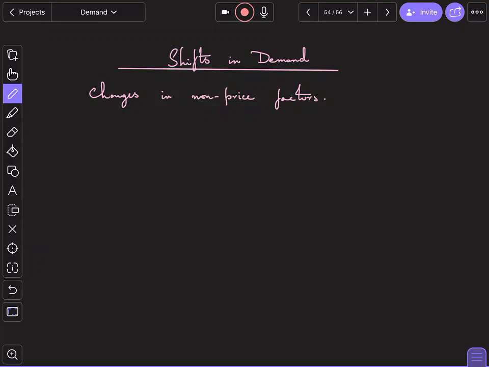So now we will be changing all those factors that were assumed to remain unchanged. If there is a non-price factor that is positively affecting demand, then there will be an increase in the demand. Or if it is adversely affecting the demand, then there will be a decrease in the demand.